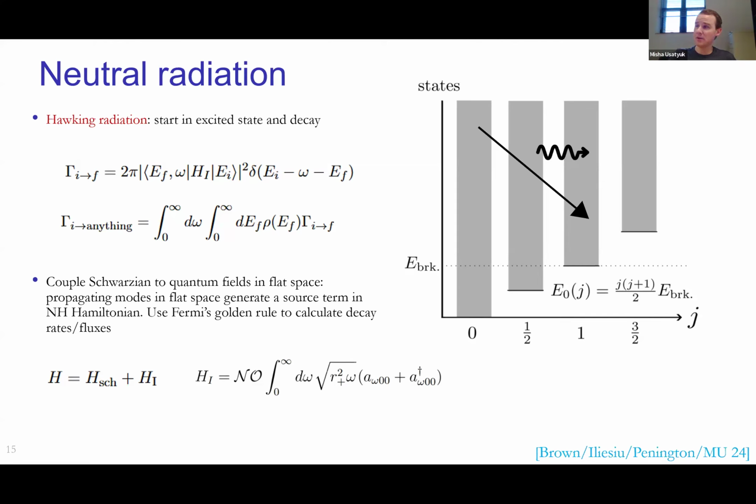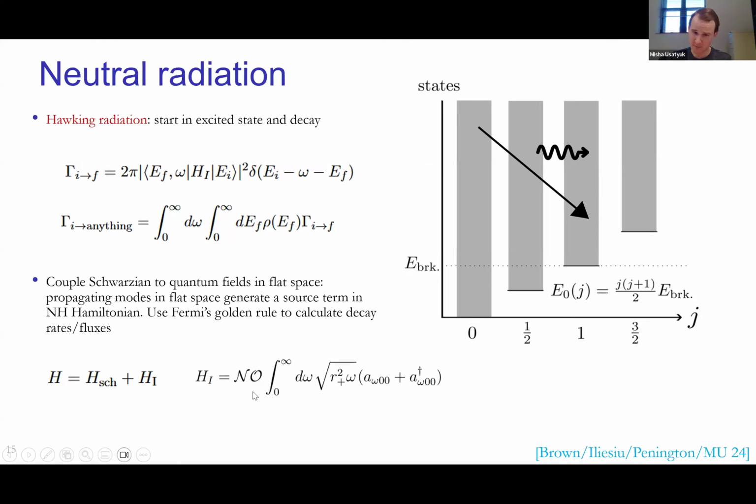The details aren't too important, but the final answer is that you can write down an interaction Hamiltonian like this, where curly N is some normalization constant, don't worry about it. Curly O is an operator in the Schwarzian theory, so it's an analog of a CFT operator in AdS-CFT. And it acts on these states E_i we had on the previous slide.